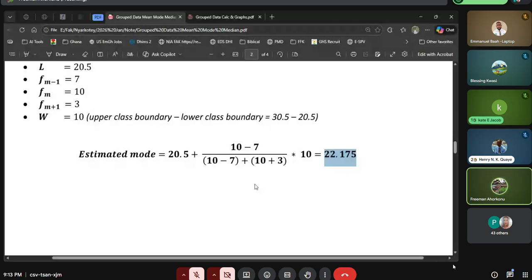That is how it is normally done. So if the procedure is right and the answer is right, you score your full mark. If the procedure is right and the answer is wrong, you score part of the mark. If the procedure is wrong and the answer is right, everything is wrong.